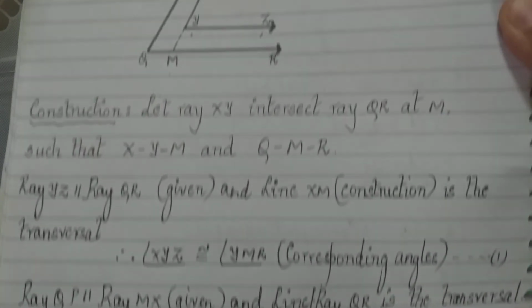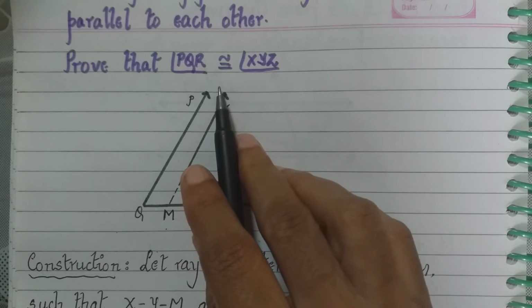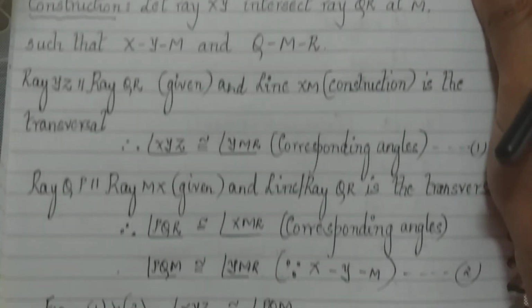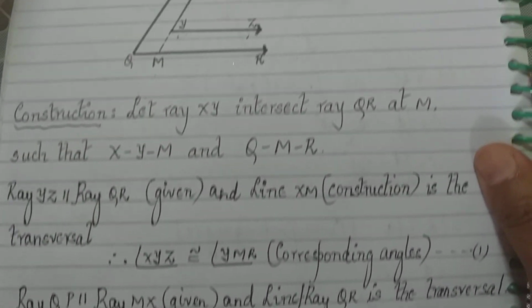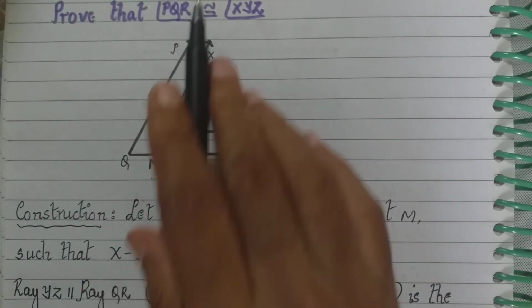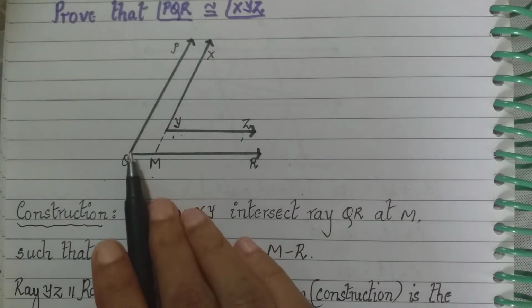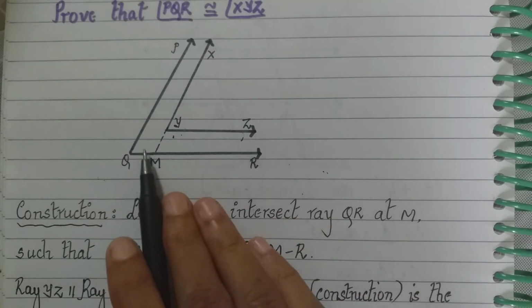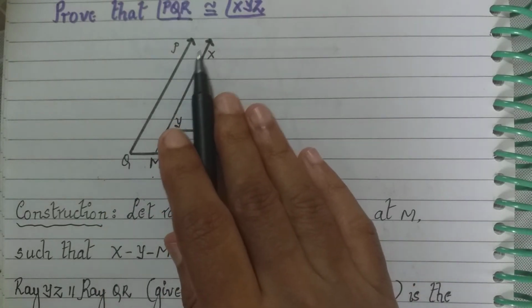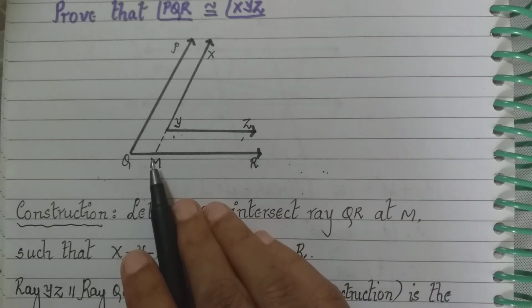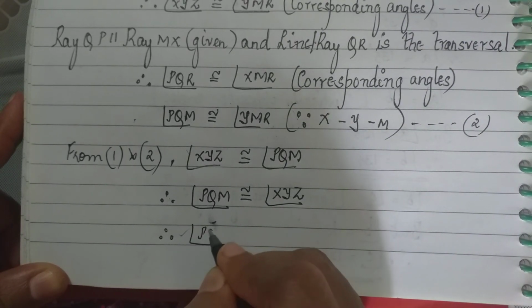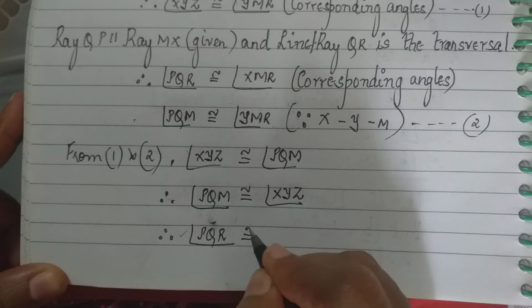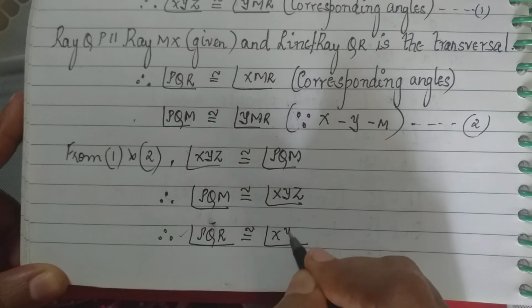Now see what we are supposed to prove. We were supposed to prove that only here angle PQR is congruent to angle XYZ. What we have got? Angle PQM is congruent to angle XYZ. Look at the figure. PQM. Can it be PQR also? Yes, because M is lying between Q and R. Both the times, whether I am saying PQM or I am saying angle PQR, we are referring to the same angle, angle Q. So we will write therefore angle PQR is congruent to angle XYZ.